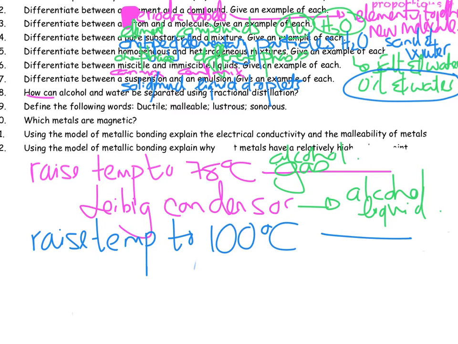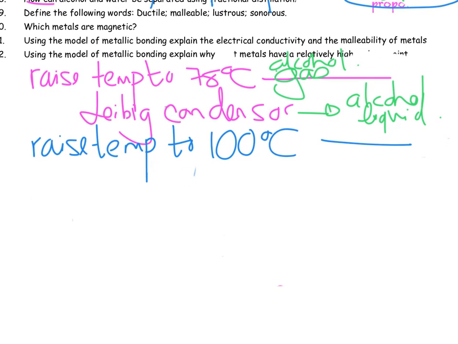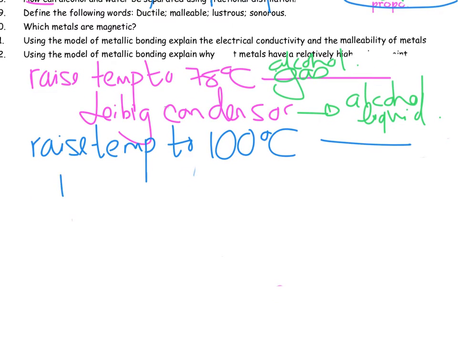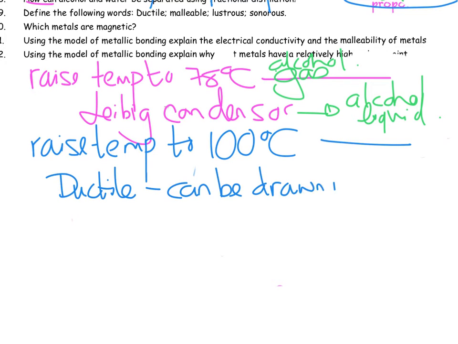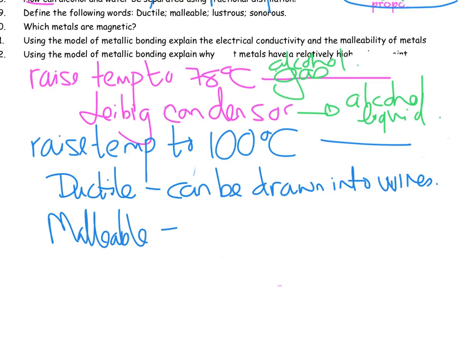Define the following words: ductile, malleable, lustrous, and sonorous. Ductile means I can draw it into wires. Malleable means that I can hammer it into a shape.